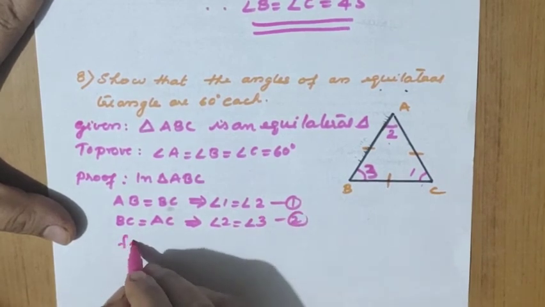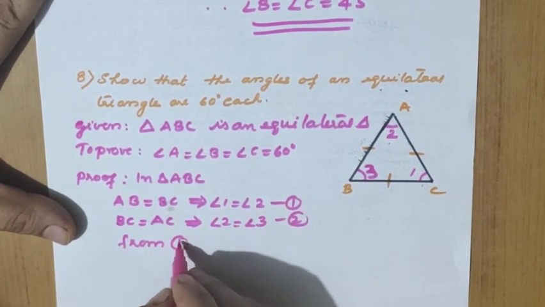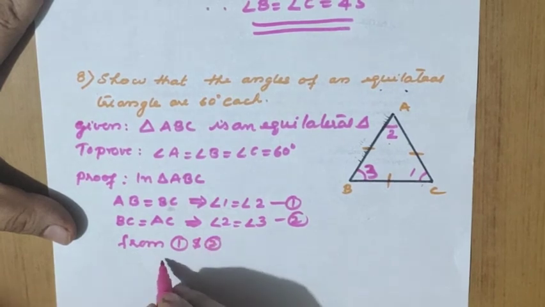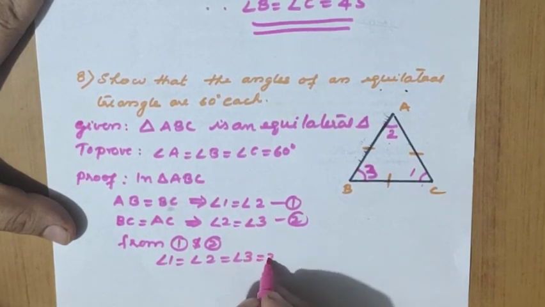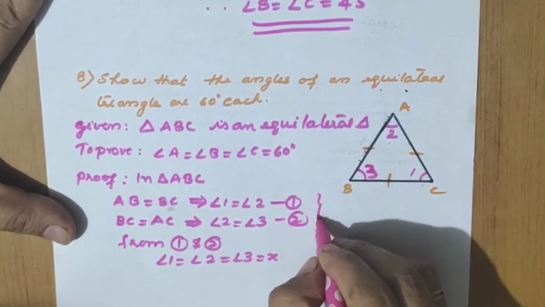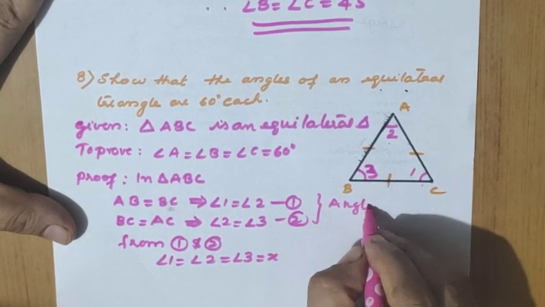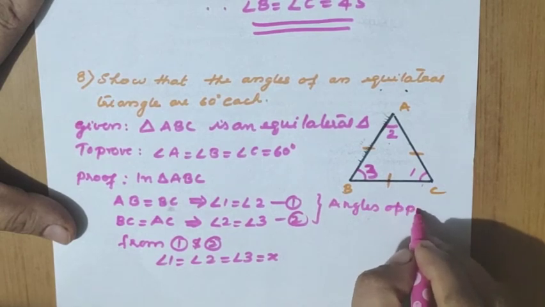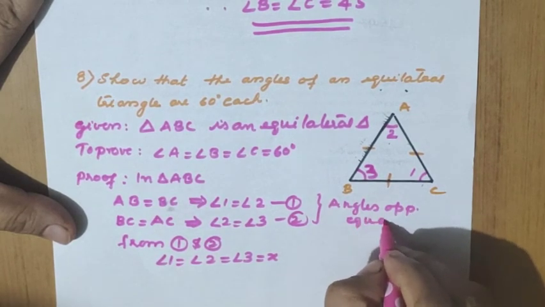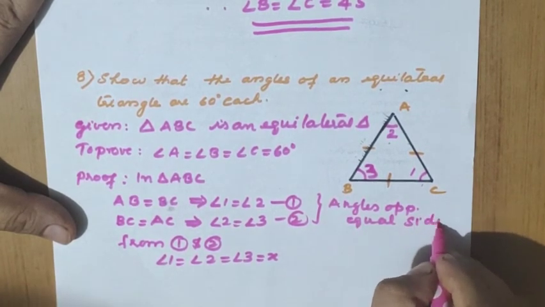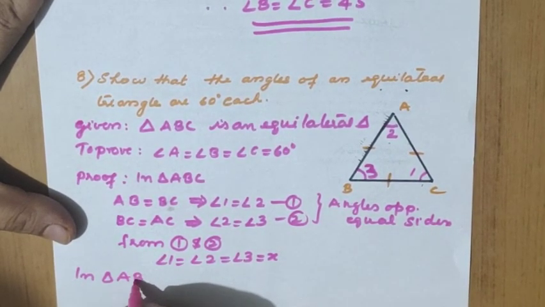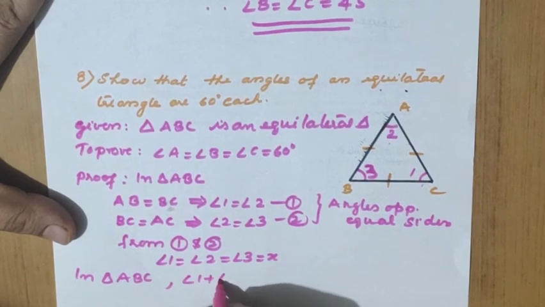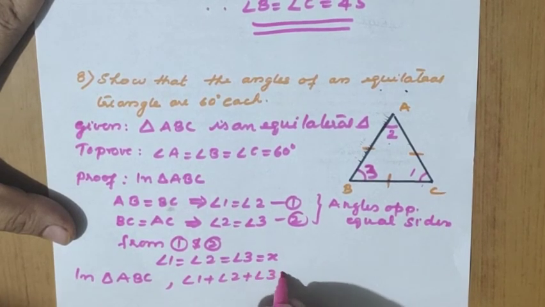So from 1 and 2 what we can write? Angle 1 equal to angle 2 equal to angle 3, let it be x. What is the reason here we should write, angles opposite to equal side. Now in triangle ABC, angle 1 plus 2 plus 3 equal to 180.